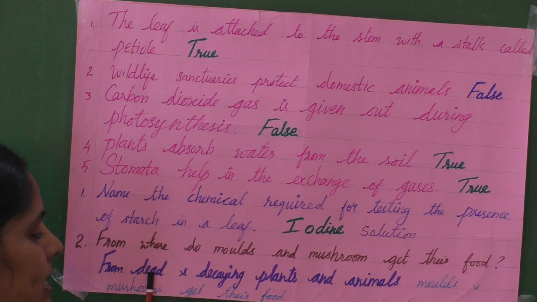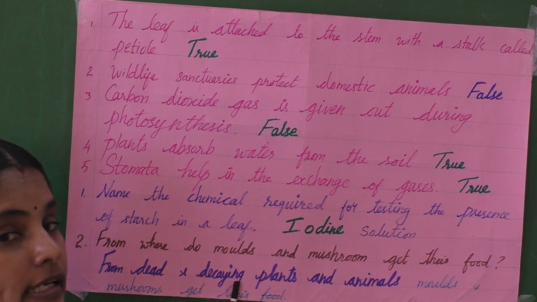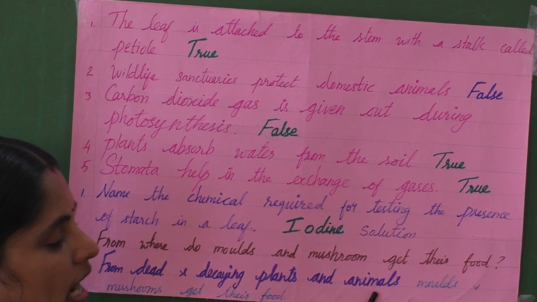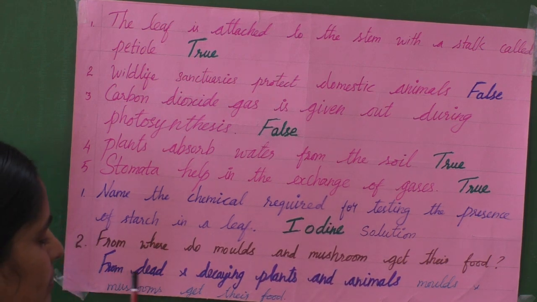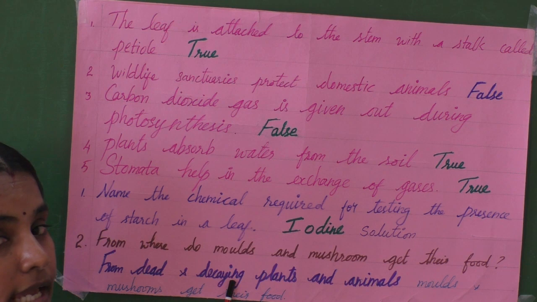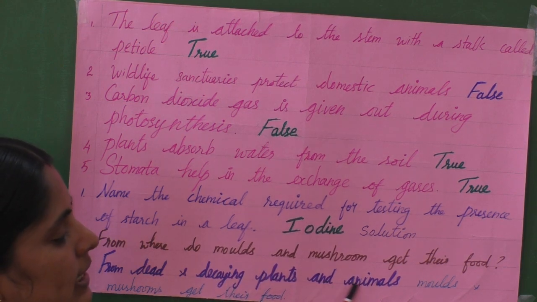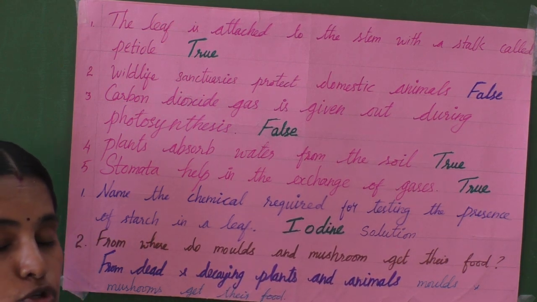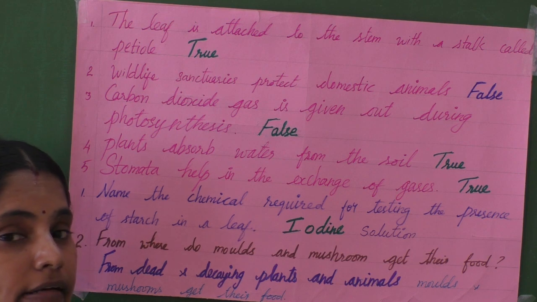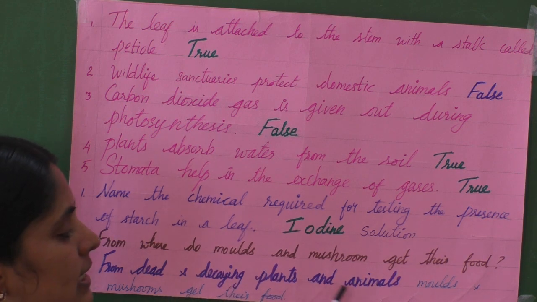Molds and mushrooms get their food from dead and decaying plants and animals.